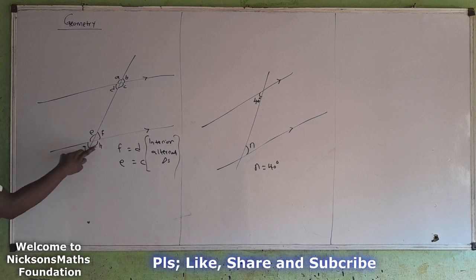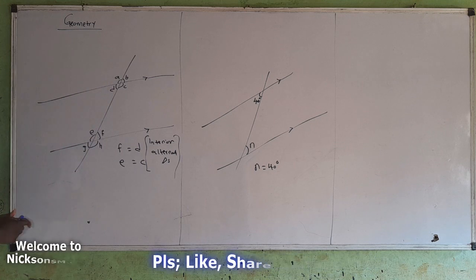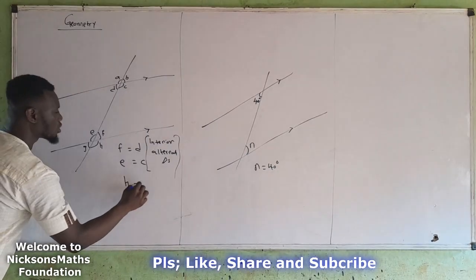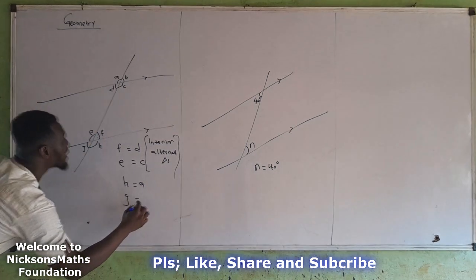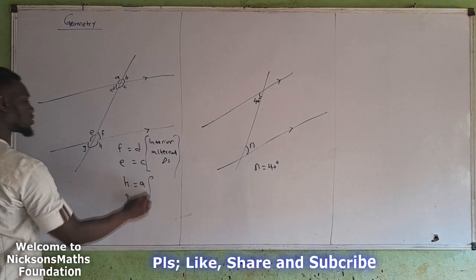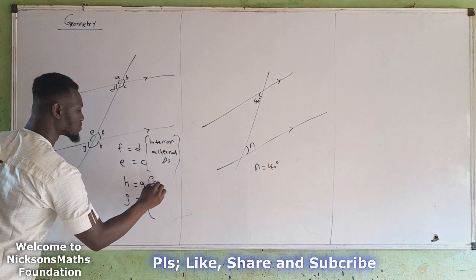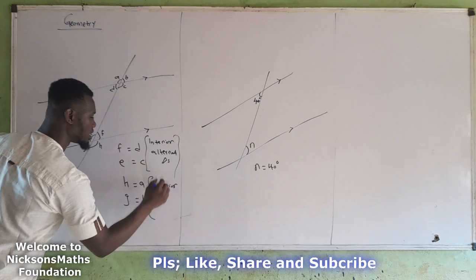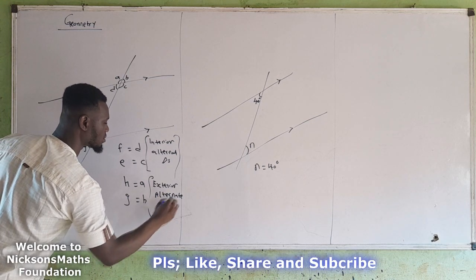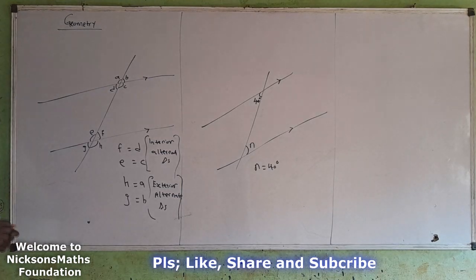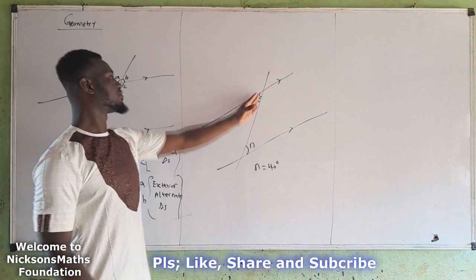So H is equal to A. Angle H is equal to angle A, while angle G is equal to angle B. The reason is that all of them are exterior. They are exterior alternate angles.